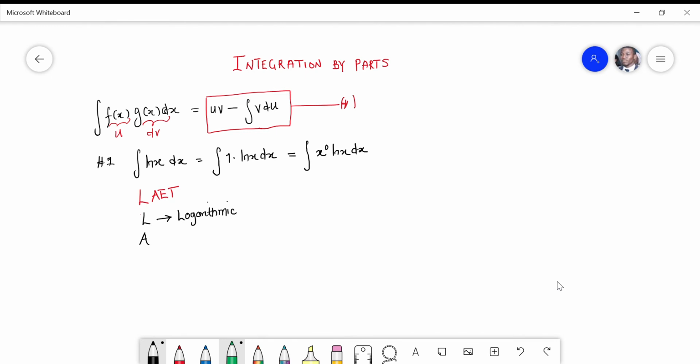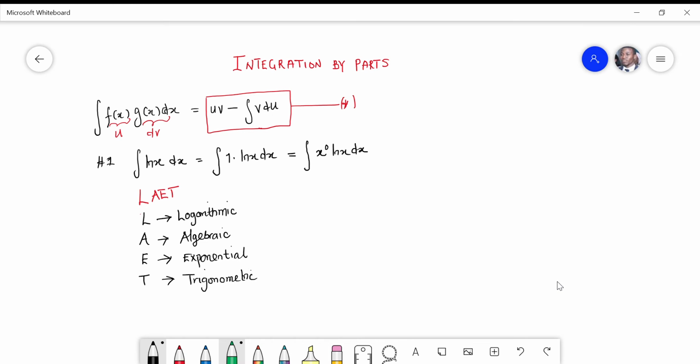Then we have A, which means algebra, right? And then E, exponential. And then T, which is trigonometry, so trigonometric function. So all you have to do is to know this acronym. Once you know it, then you can easily identify your u.